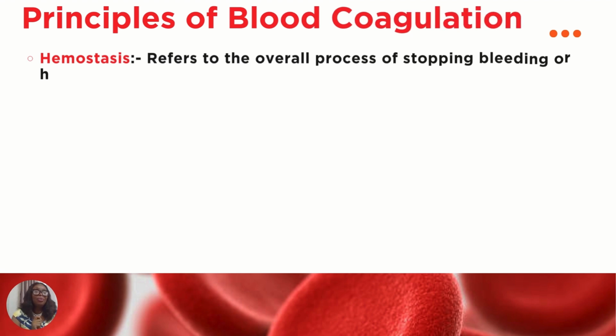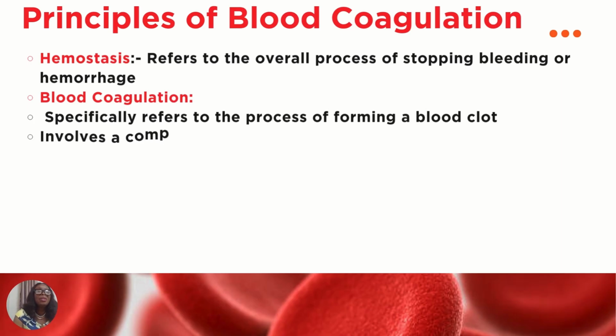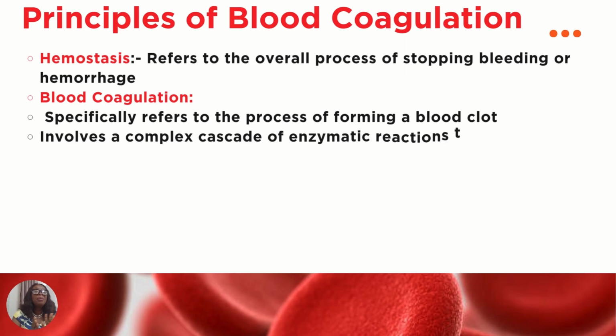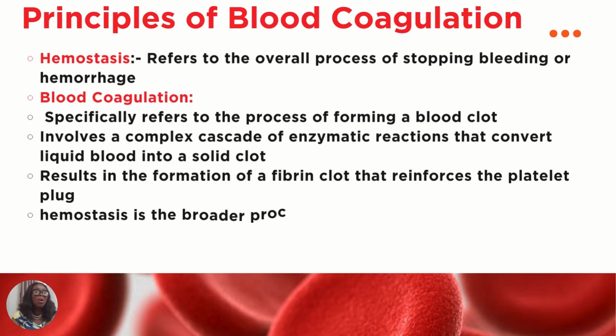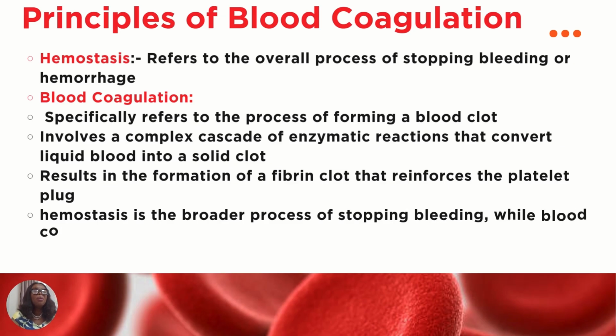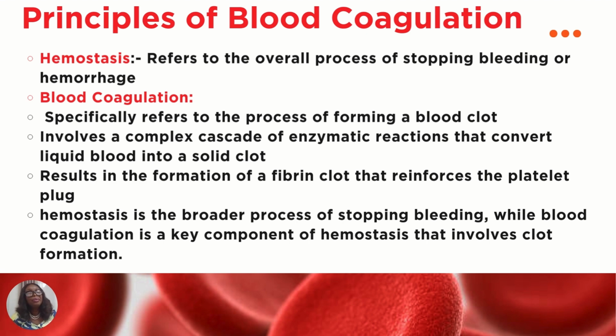I want us to distinguish properly between two processes, coagulation and hemostasis. Hemostasis simply refers to the overall process of stopping bleeding or hemorrhage, while blood coagulation specifically refers to the process of forming a blood clot, and it involves a complex cascade of enzymatic reactions that convert liquid blood to fibrin.